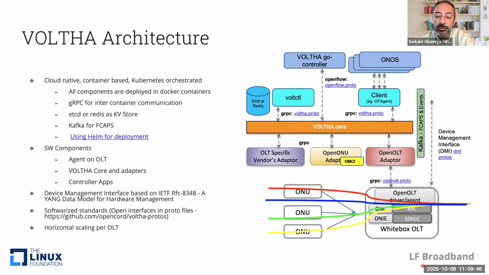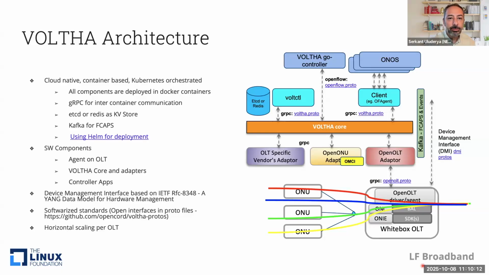But with the introduction of the VOLTHA Go controller, the requirement to have such a proxy is not needed, because the VOLTHA Go controller directly speaks the native gRPC protocol that VOLTHA core supports. And as you can imagine, this is also another performance gain.